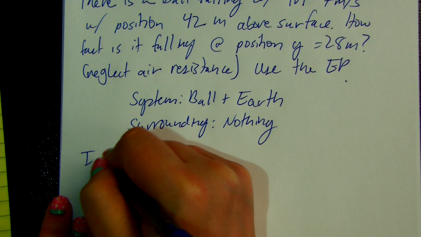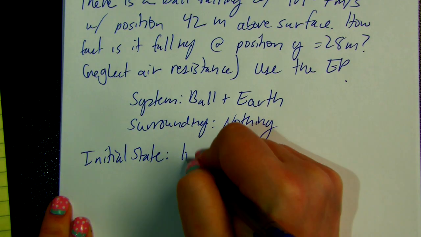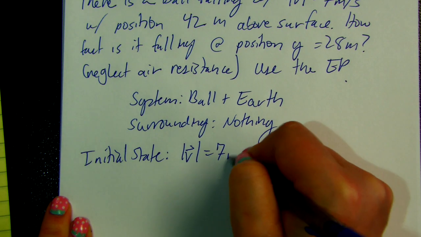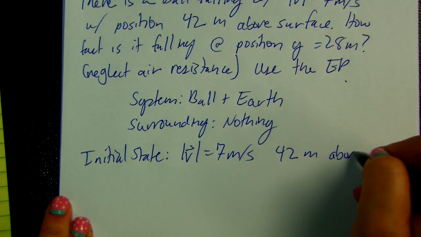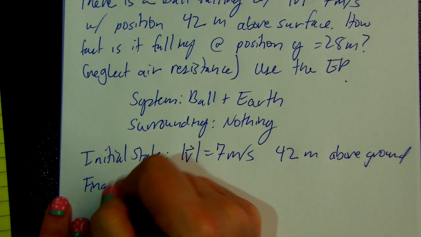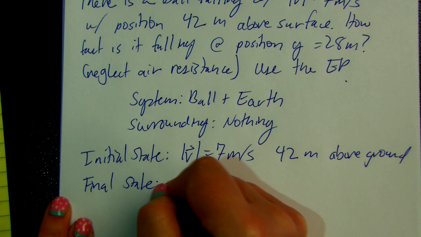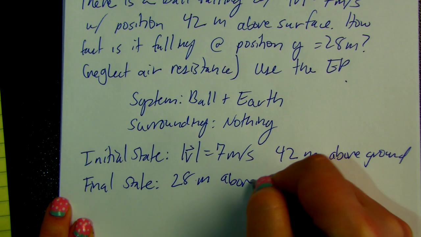We have our initial state, where the speed is equal to 7 meters per second, 42 meters above ground. And our final state, which is 28 meters above ground.